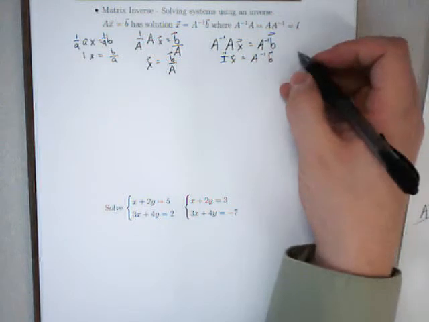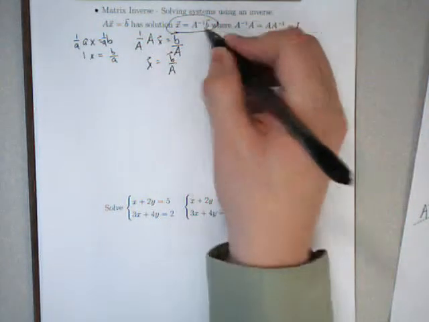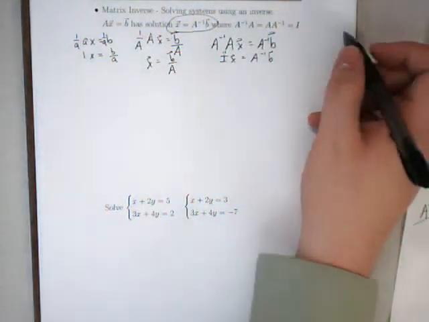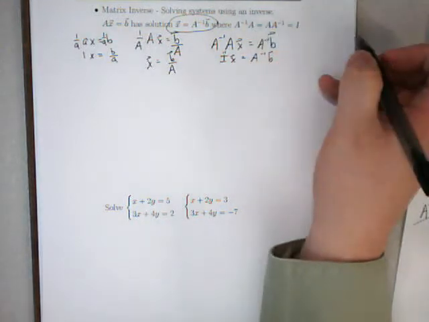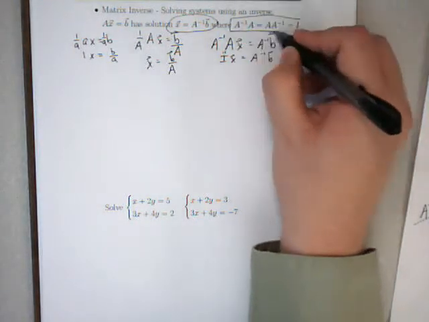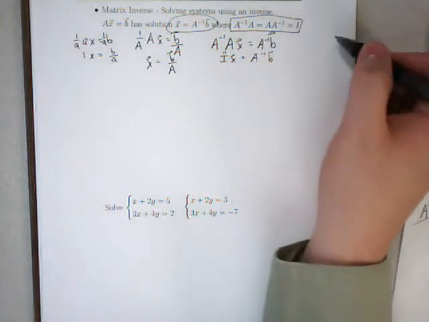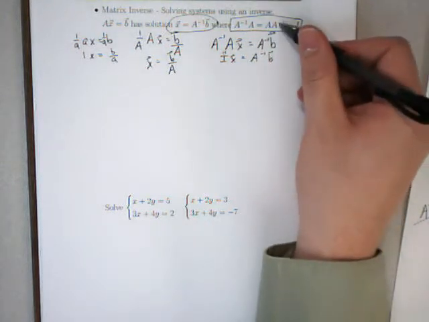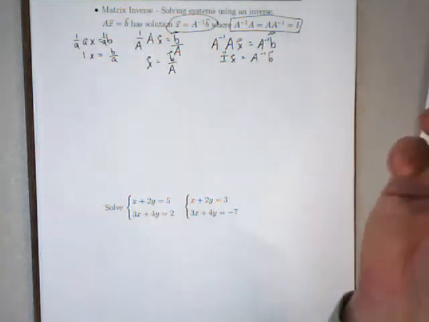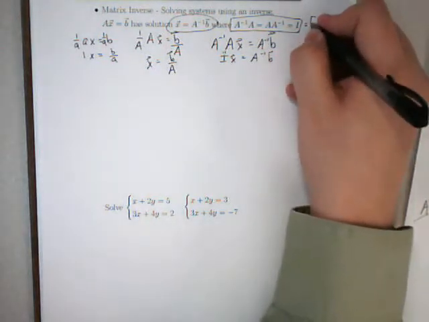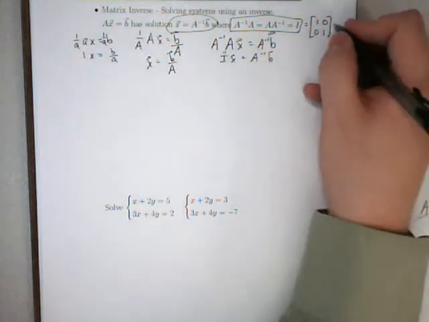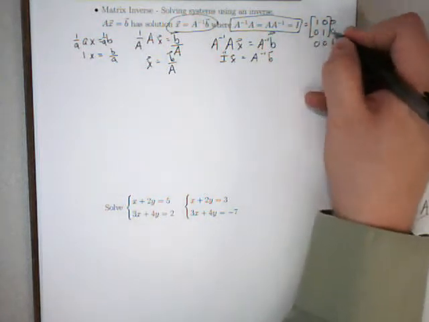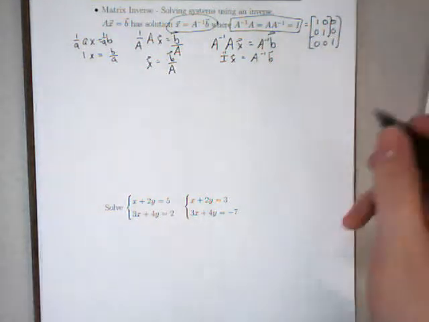So our solution is x equals A inverse b, where A inverse times A, or A times A inverse, is equal to the identity. So what we're going to do is try to find out what A inverse is. The identity matrix in 2 by 2 systems is 1, 0, 0, 1, and if you go to 3 by 3, you just keep on increasing the size.